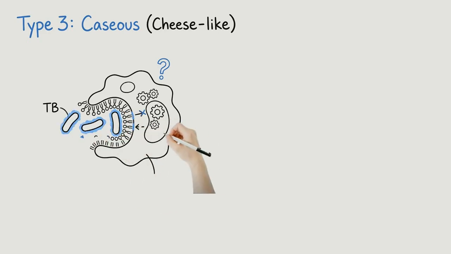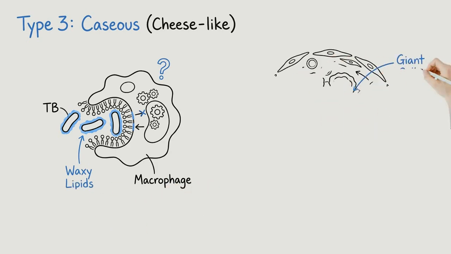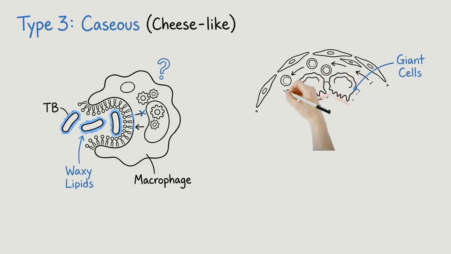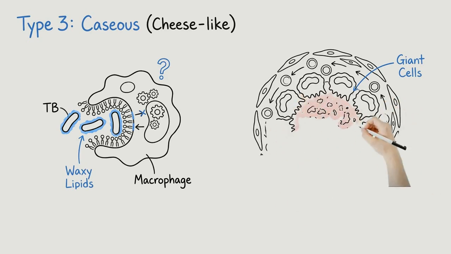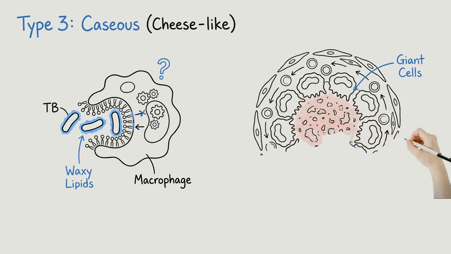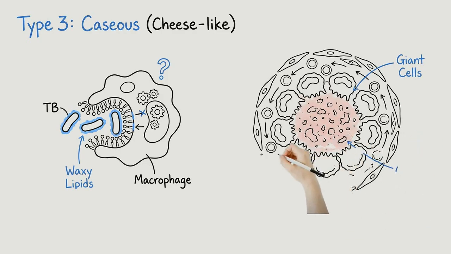Mycobacteria have mycolic acids in their walls, waxy lipids that resist digestion by macrophages. The immune system cannot clear them, so it forms granulomas. Epithelioid macrophages and Langhans-type giant cells ring a central zone of necrosis that dies from hypoxia and toxic cytokines.